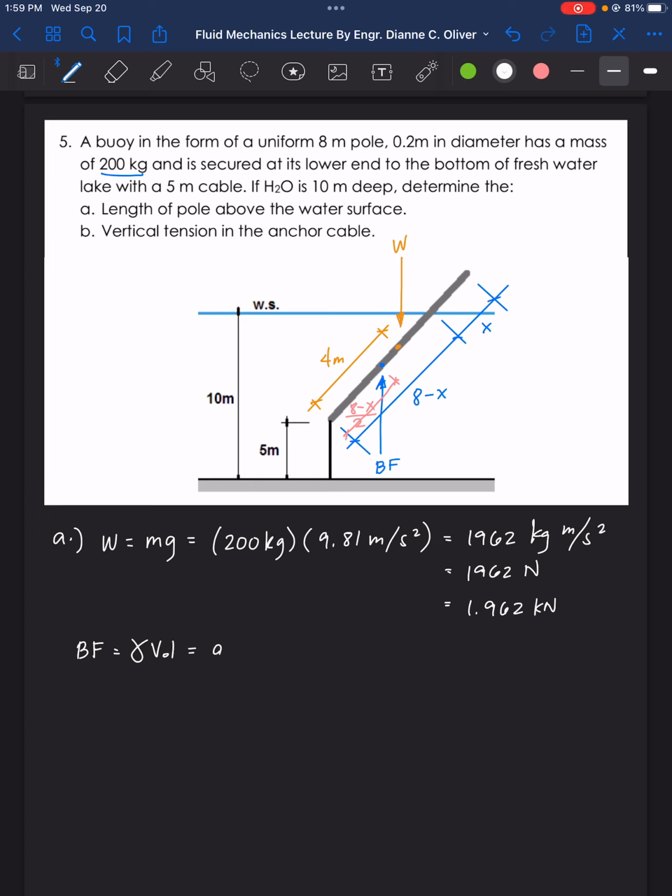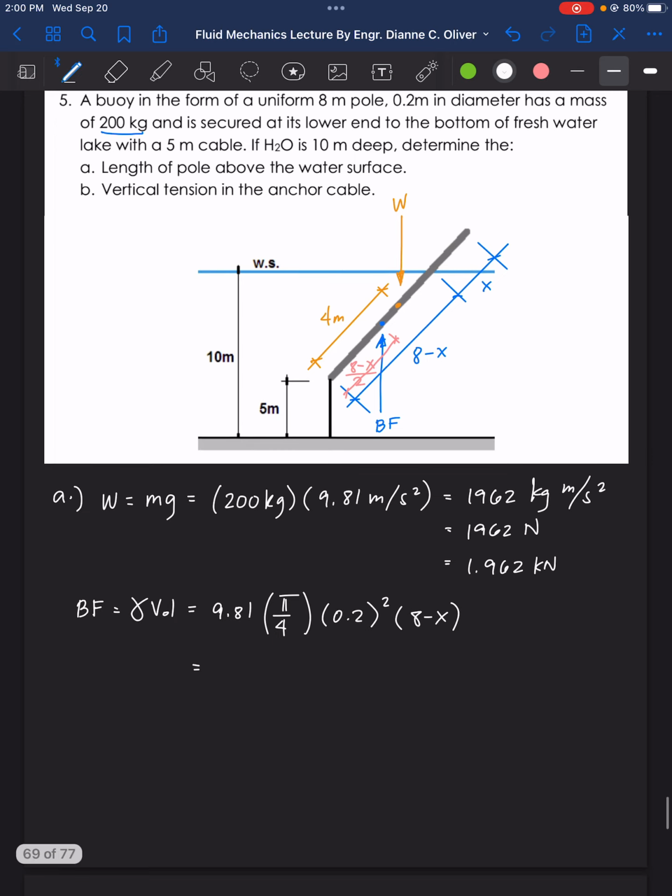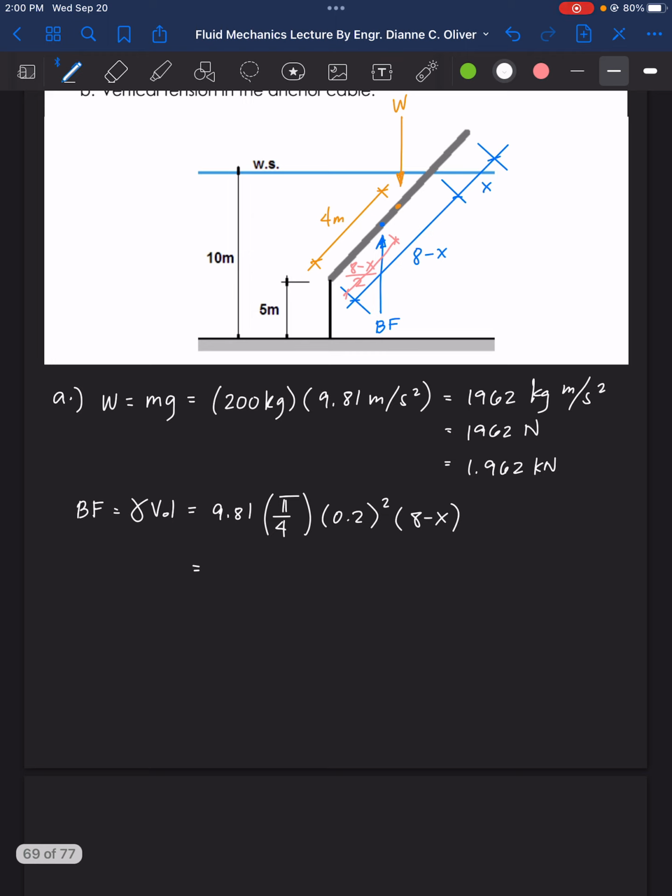So that is 9.81 for the liquid water, and the volume is pi over 4 times the diameter of the pole, 0.2 meter squared, times the height, which is 8 minus x. So that is equal to 0.308 times (8 minus x).